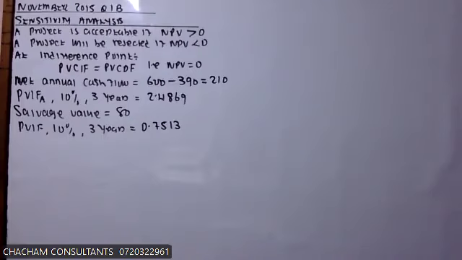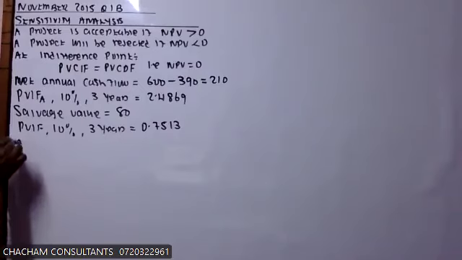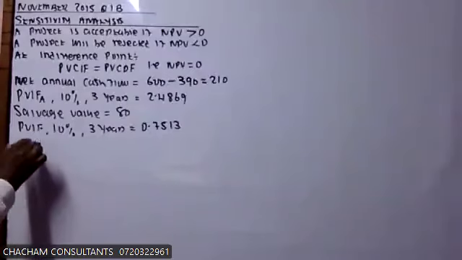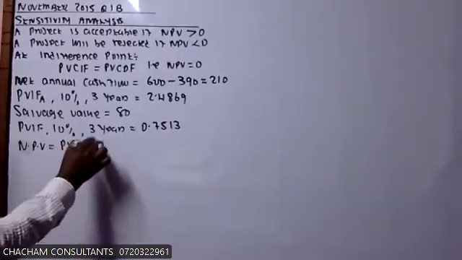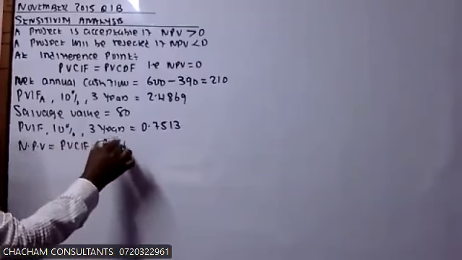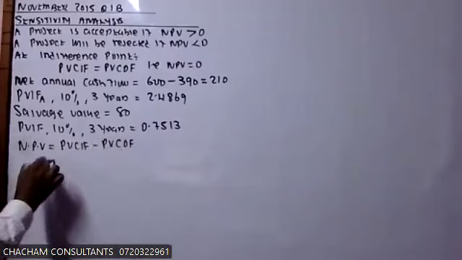With that, what else do I require? So I can just go straight to get the NPV. Now NPV, we know it is the present value of cash inflows minus the present value of cash outflows.